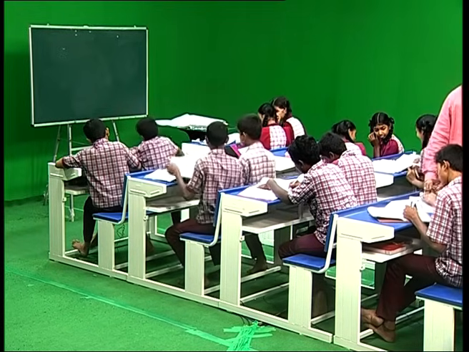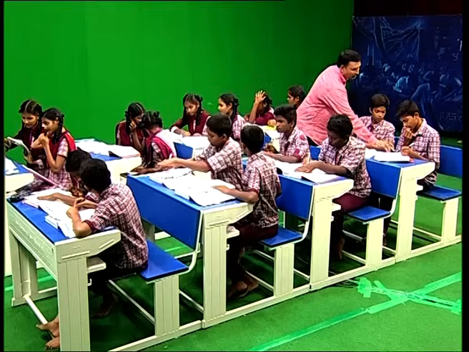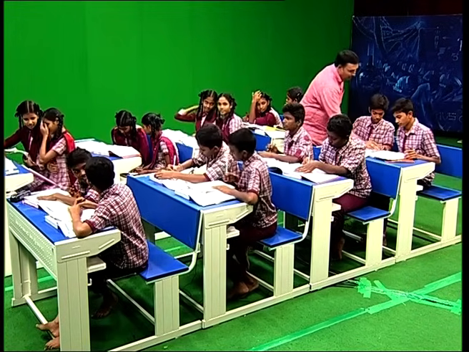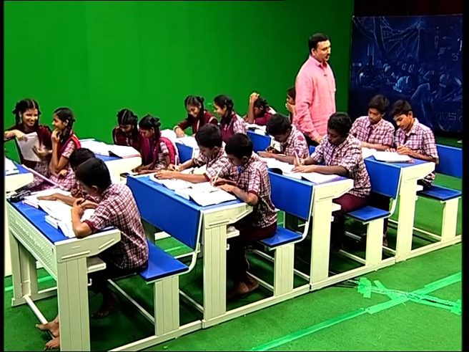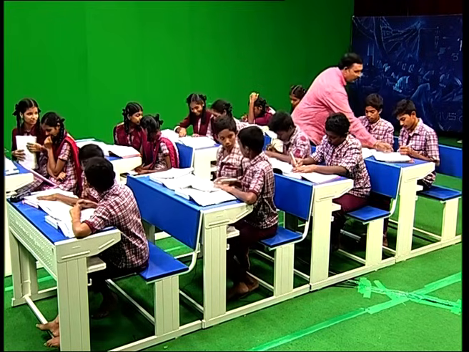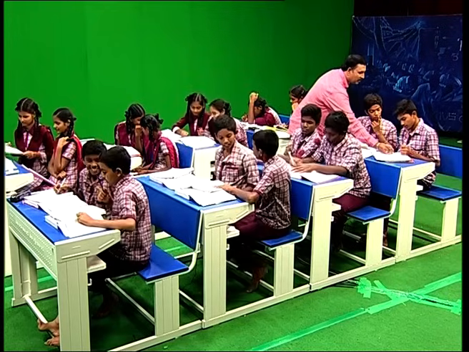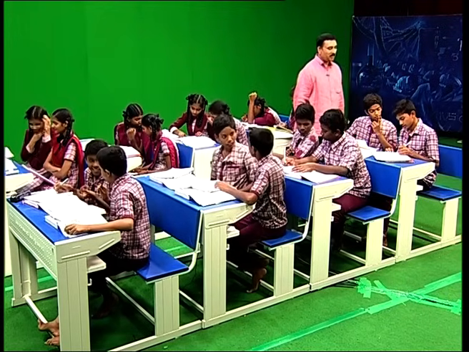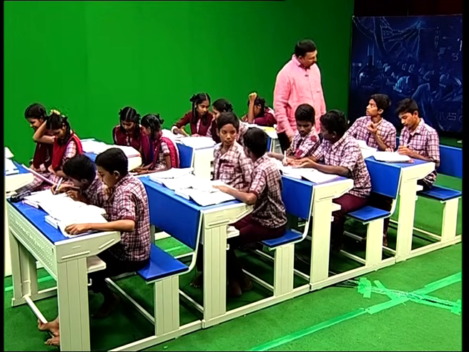2 is a prime number. Right. 8, how can you write it? 2 4s are 8. 2 is a prime number, but 4 you can split further. How can you split this 4 further? 4, how can you write it? 2 2s are 4.